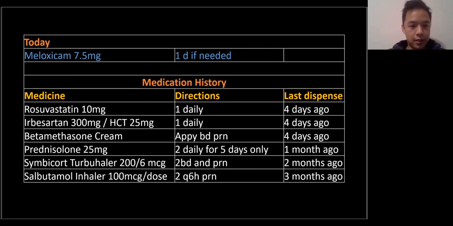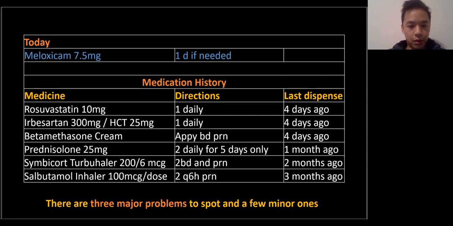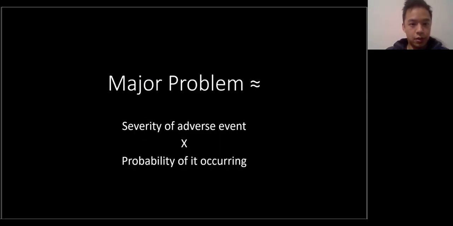In this case, there were three major problems to spot and a few minor ones. Just before moving on, I'll loosely define a major problem as the severity of the adverse event, how bad it would be if it were to occur, versus the probability of it occurring, the likelihood of it occurring if you were to continue.